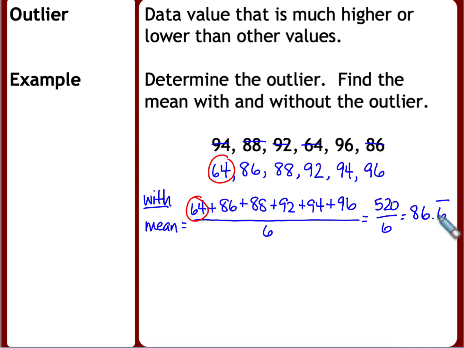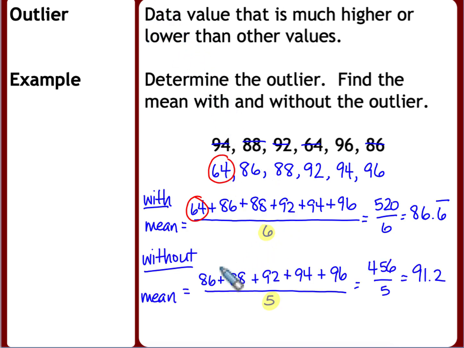All right, so now let's try and find the mean without the outlier. So let's say that 64 didn't happen. What would the mean be? If we take out that 64, we get 86, 88, 92, 94, and 96. Notice now we're using 5 data values instead of 6.